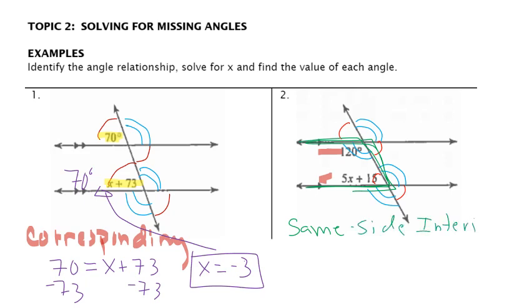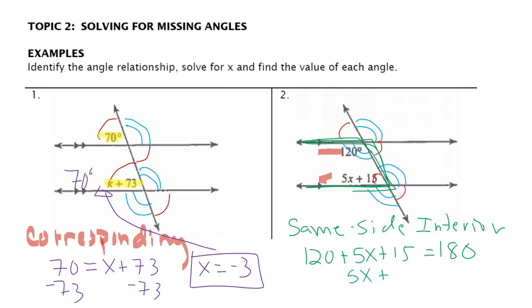And so we have here 120 plus 5x plus 15 equals 180. So they're going to add up to 180 degrees. And then from there, we're just going to go ahead and combine like terms and solve.